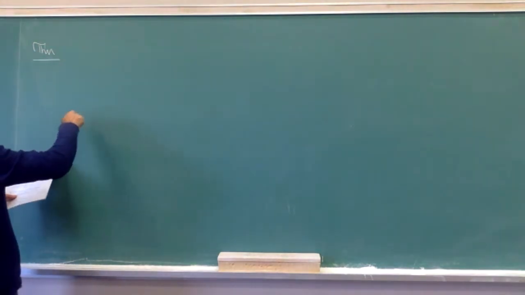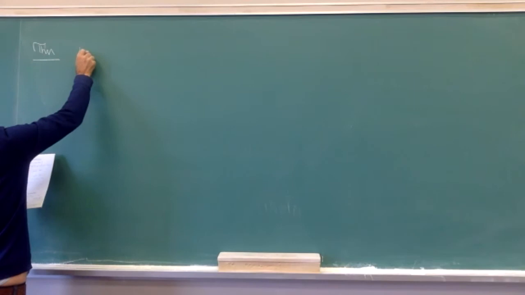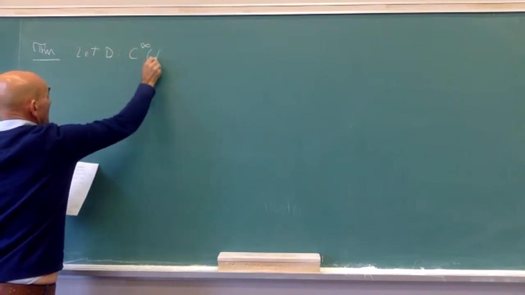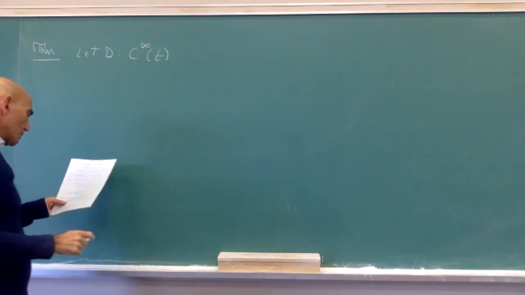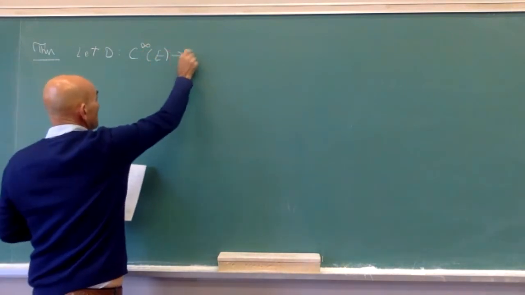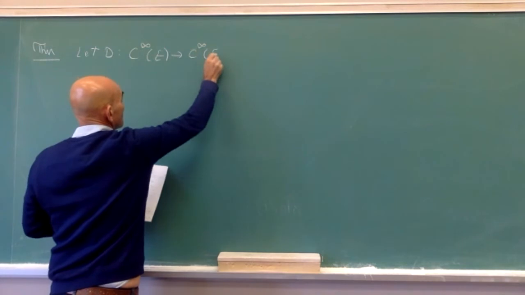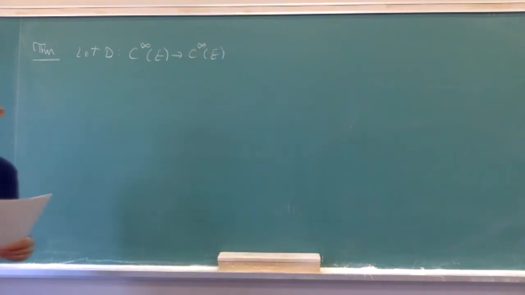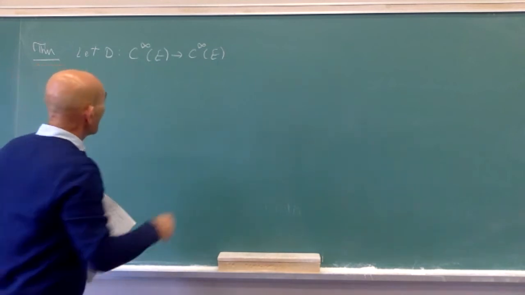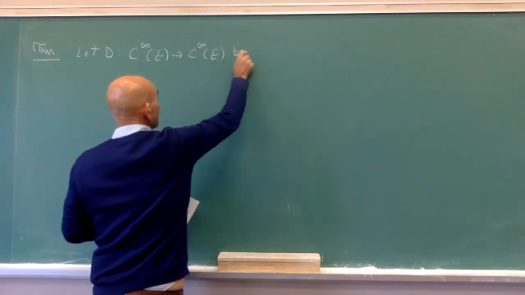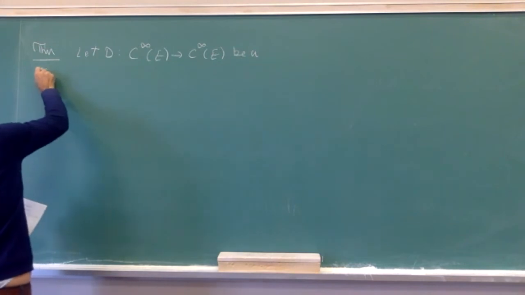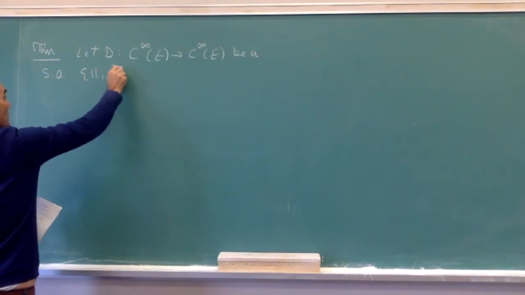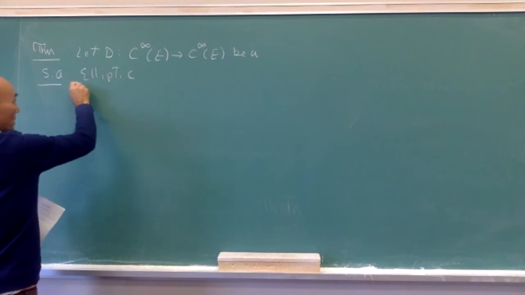Let's assume we have an operator from C infinity of E to C infinity of E. So that's the prototype of those Laplace type self-adjoint operators we first deal with. Let it be a self-adjoint elliptic operator. So self-adjoint and elliptic.